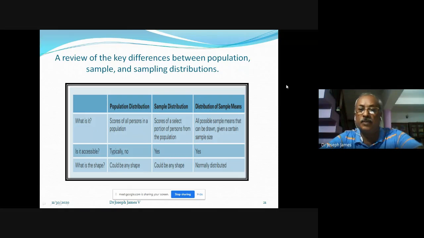For the sampling distribution of the mean, it is always a normal distribution, even though we cannot say precisely what the nature of the population distribution or the sample distribution should be. But one thing is sure, that the sampling distribution of mean is always normally distributed. It is actually the crux of hypothesis testing.